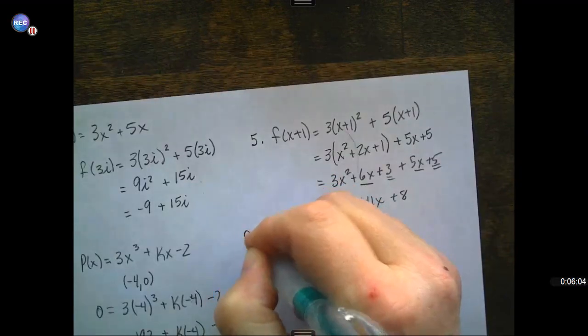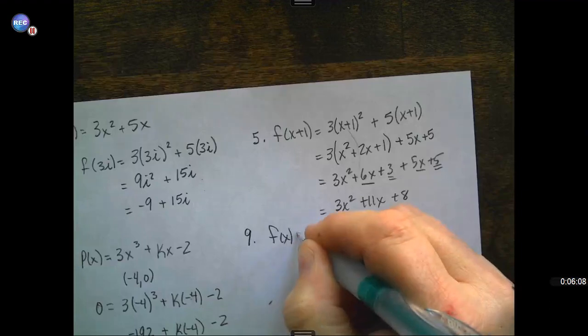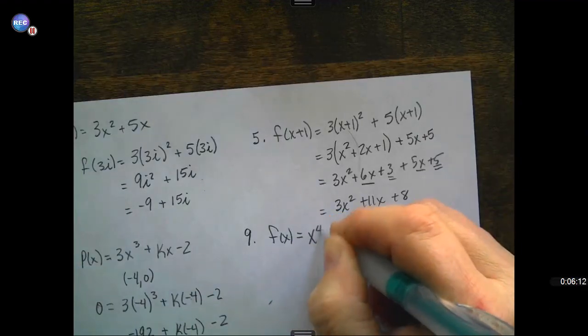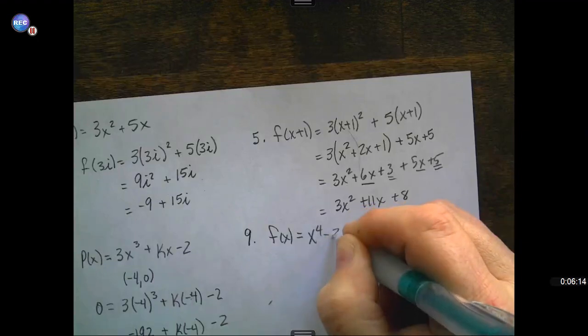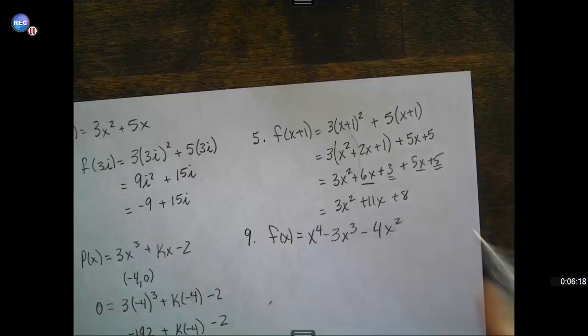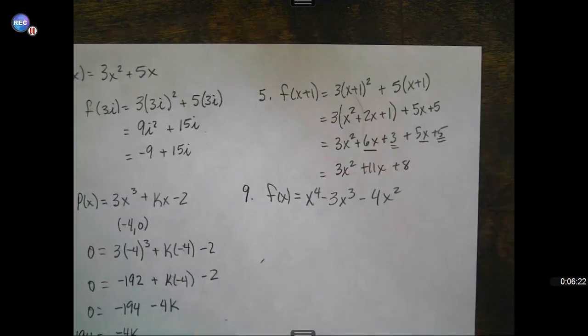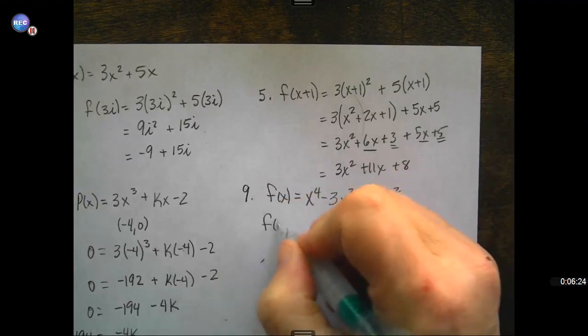Number 9, sketch the graph of f of x equals x to the 4th minus 3x cubed minus 4x squared. Well, this has a greatest common factor, which makes it a lot easier.